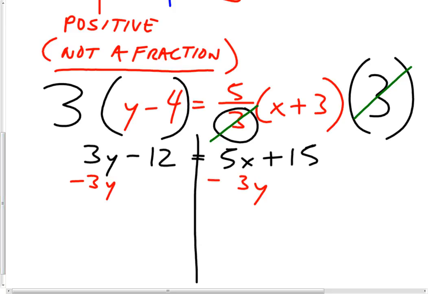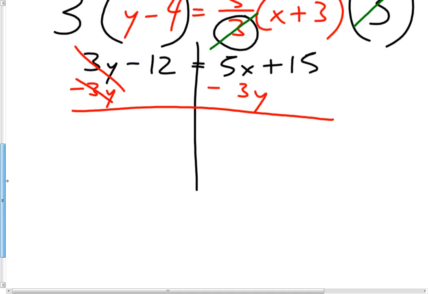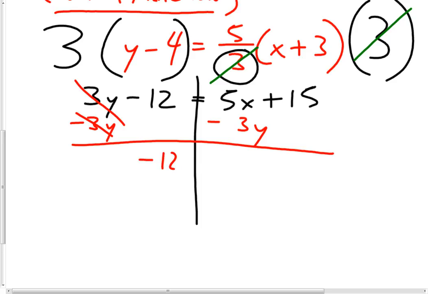Start with that. We still want x and y on the same side. It just might be on the right side instead of the left side. This goes away. What's left on the left? What number's on the left? Negative 12. This side, you don't even have to combine anything. You just rewrite it. 5x minus 3y plus 15.